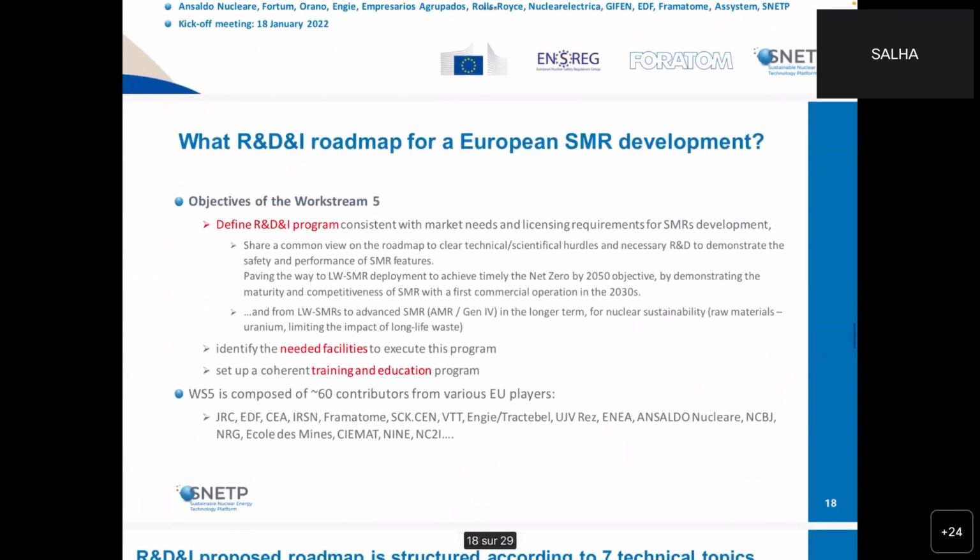About research and development, I'm going to focus perhaps a little bit on this point because it's a topic on which SNETP is deeply involved. It's clear that we have to define a global research, development, and innovation program, consistent with the market needs and consistent with the different technologies.